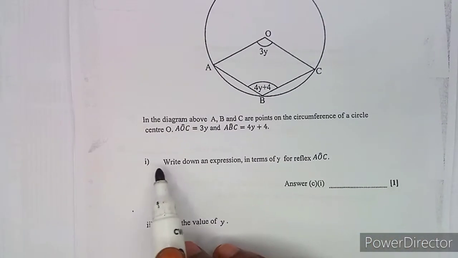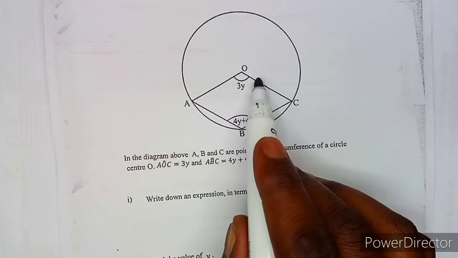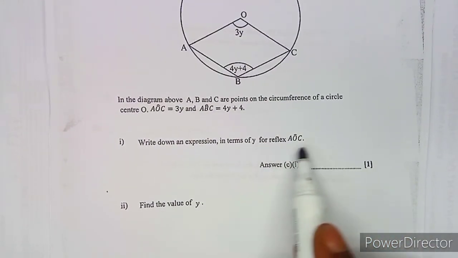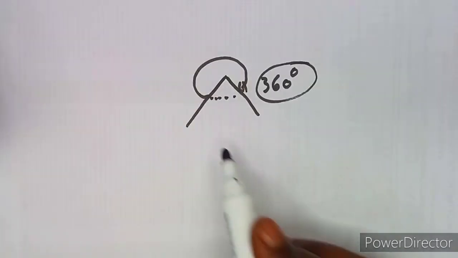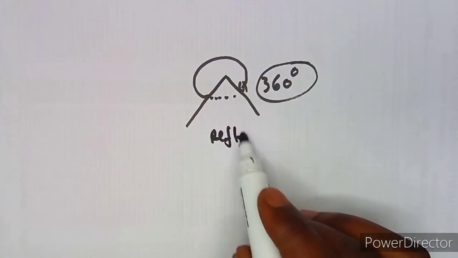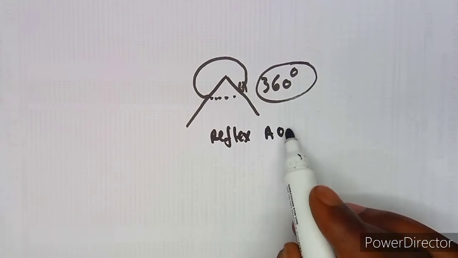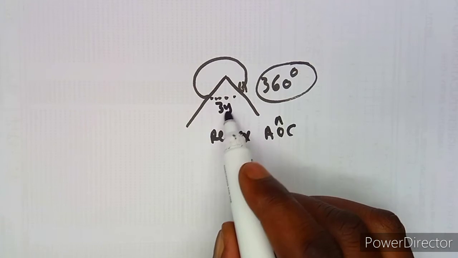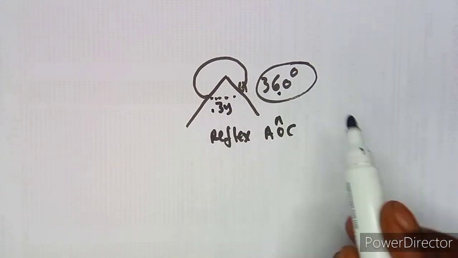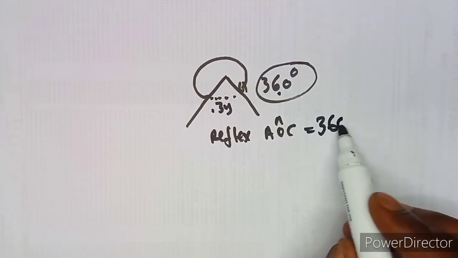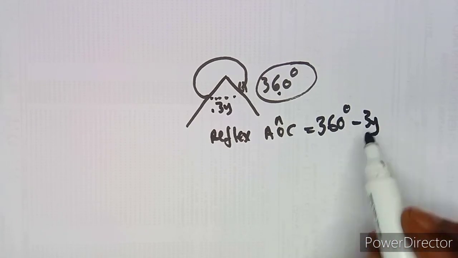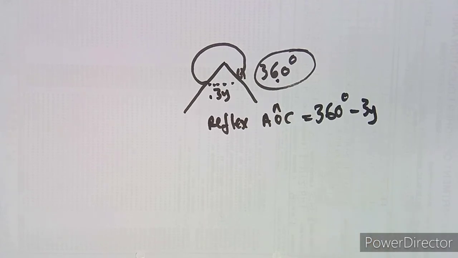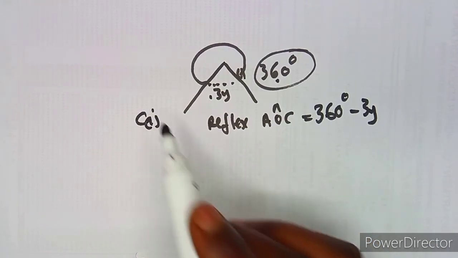So this reflex angle on this side is going to be 360 minus 3y, because we want an expression in terms of y. This is AOC, and this is 3y, so it's going to be 360 degrees minus 3y. So that is an expression. You can factor out 3, or you can just leave it like that. So this is our C, item 1.